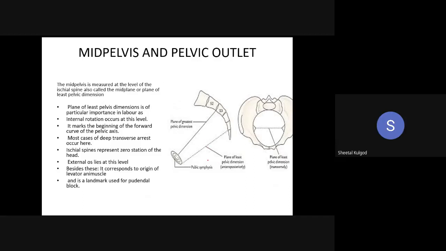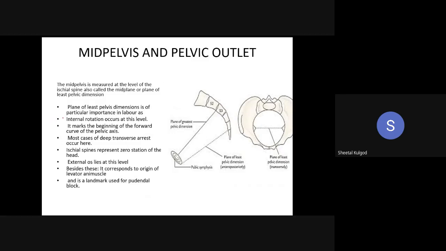So again, this is the same concept I have been trying to explain. But what you have to remember here, important at the mid pelvis, is the least pelvic dimensions. The plane of the least pelvic dimensions is very important because it is a landmark, a particular area where many events occur. First of all, it is the plane where internal rotation occurs.